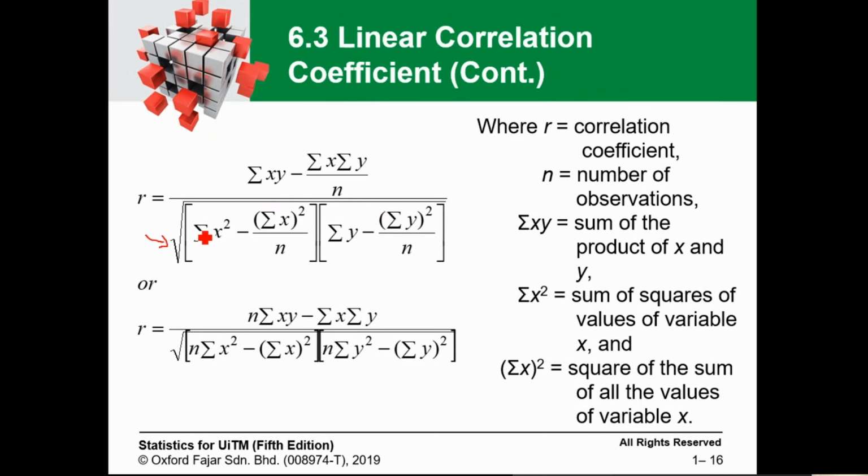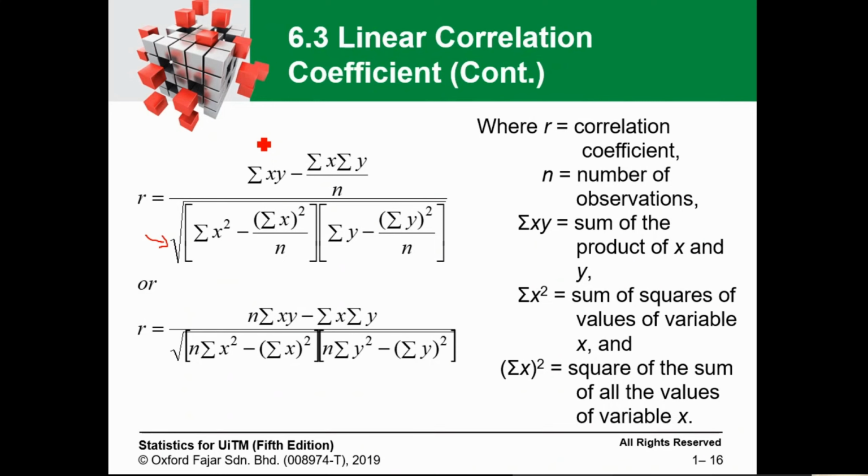So we have the sum of x squared, which is the x raised to power 2, minus the square of the sum of x divided by n, which is the number of observations, multiplied by the sum of y squared minus the square of the sum of y divided by the number of observations. So somehow this is the equation which we use for the Pearson.